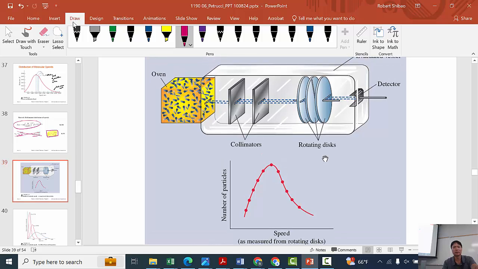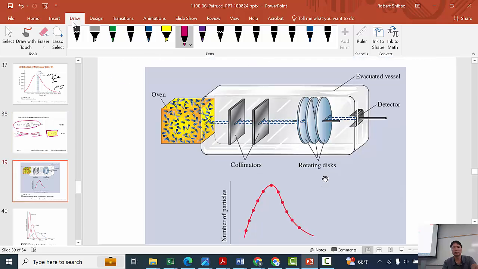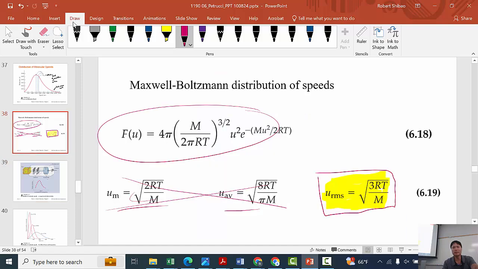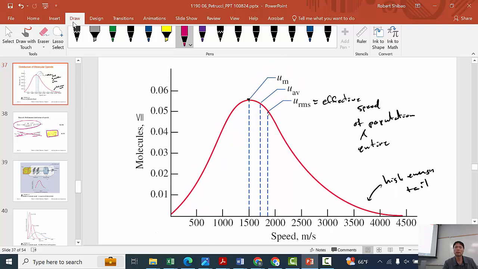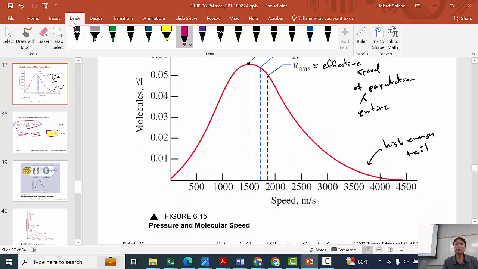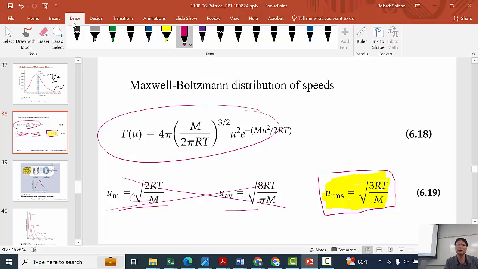Sorry, can you explain what URMS is? Well, URMS is, if you give the population, it's like the voltage. Probably this might be the easier way of thinking about it. Do you know what the voltage is out of your outlet? What is that, 110 volts, 115 volts? Yeah. Let's just do 110 volts.